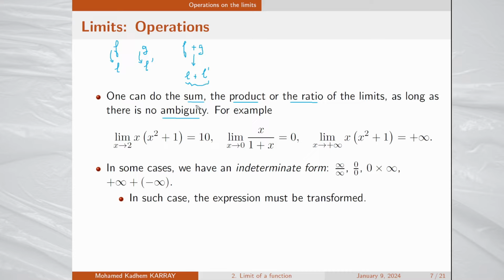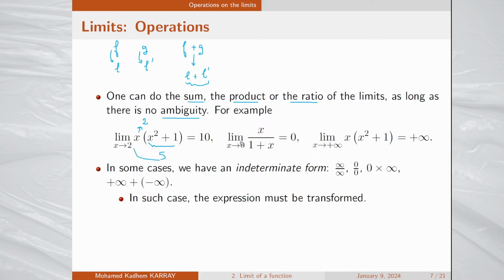Here are some examples. If we consider the limit as x goes to 2 of this product here, we see that this term approaches 2, this term here approaches 5, so the product will approach 10.